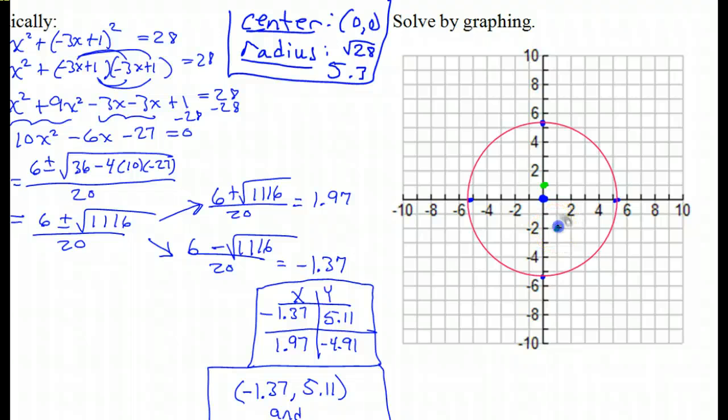In the other direction, it's up 3, back 1, up 3, back 1. Okay? So our line is looking like this.